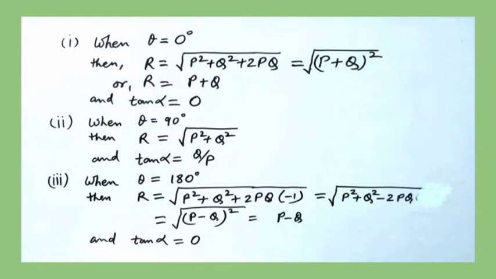So R is equal to under root P square plus Q square minus 2PQ, which is equal to under root (P minus Q) whole square, and hence R is equal to P minus Q. And tan alpha is equal to 0, which implies that the resultant is in the direction of the larger vector.